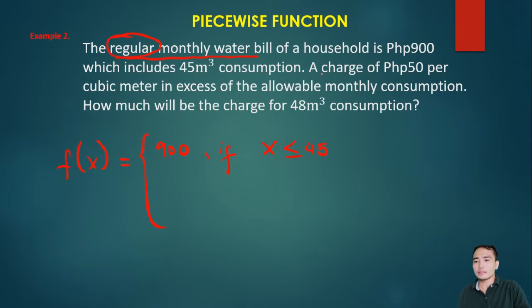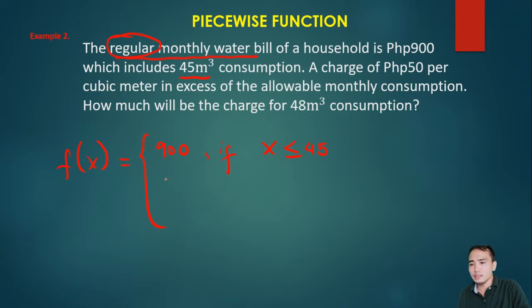Next, a charge of 50 pesos per cubic meter in excess of the allowable monthly consumption. So, ibig sabihin, dadagdag tayo ng 50 pesos sa bawat cubic meter na sobra sa allowable na monthly consumption natin, which is 45 cubic meter. Kapag lumagpas yung ating consumption dito sa 45 cubic meter, babayad tayo ngayon ng 50 pesos per cubic meter.